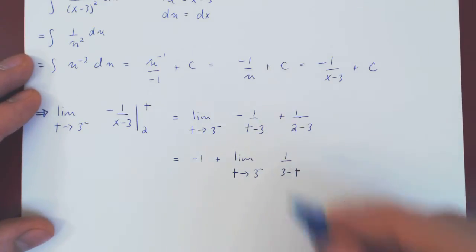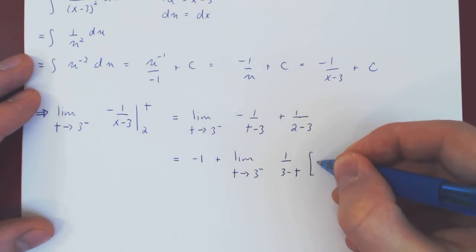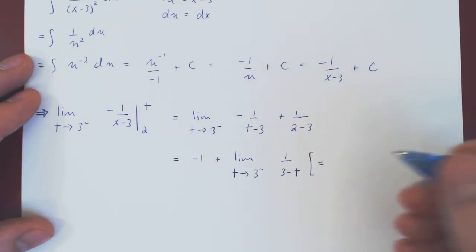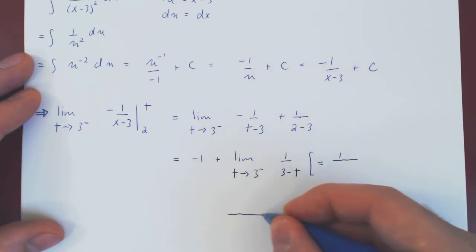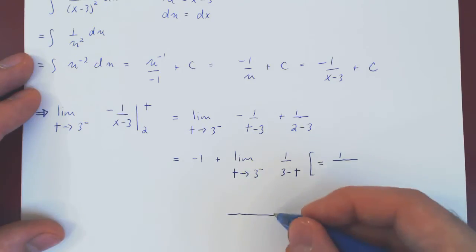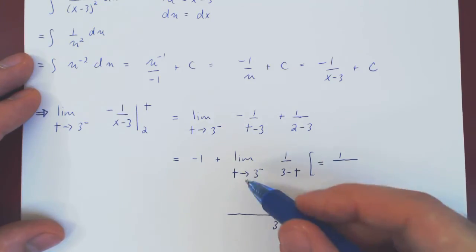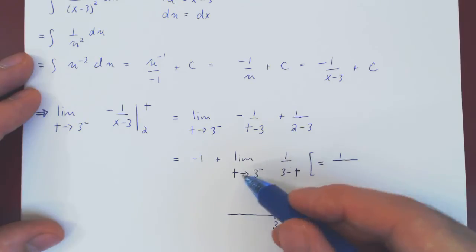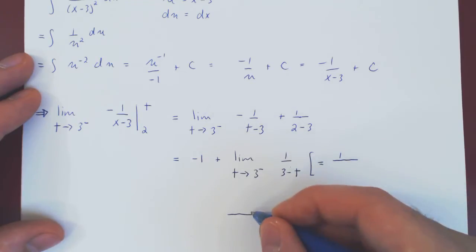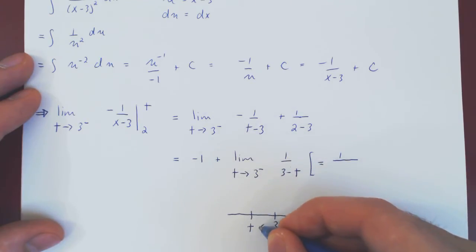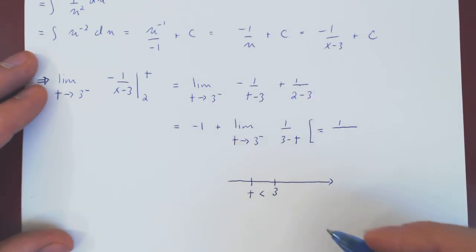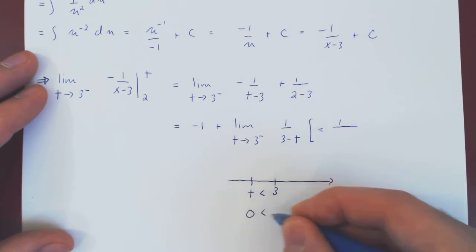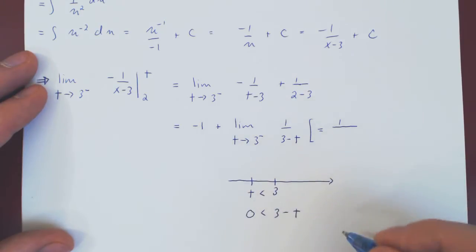And we can look at what kind of case we're in. 1 is 1, no matter what. And look at the real line. We have 3. As t approaches 3 from the left, t is very close to 3, but slightly smaller than 3. So if we do 3 minus t, then it is positive.